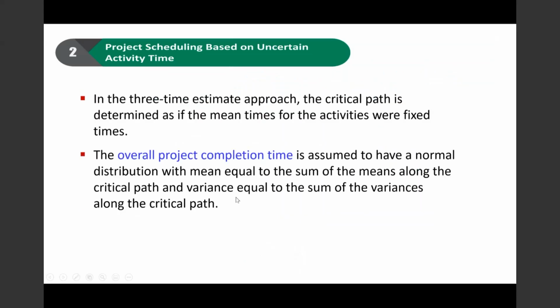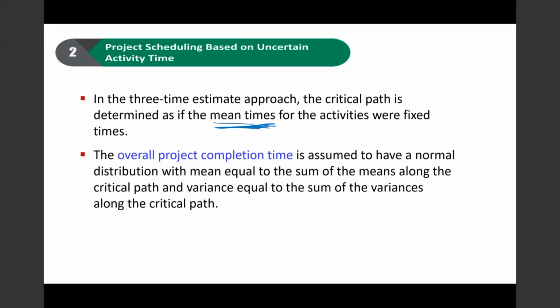Okay, so in this three-time estimate approach, your three times, optimistic, pessimistic, and most probable, the critical path is determined as if the mean times for the activities were fixed times.